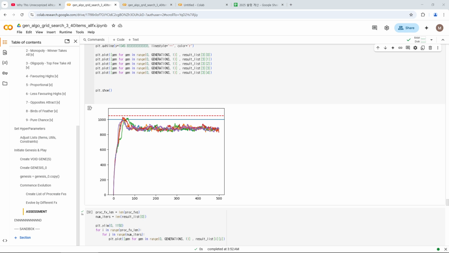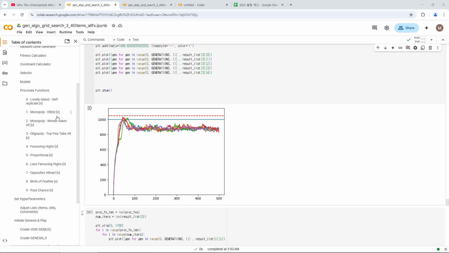Of course, in the future I can write more procreate functions that do a mixture of 2 or 3 of these functions, but I think I should do that later, after I've used these functions together as a combination.